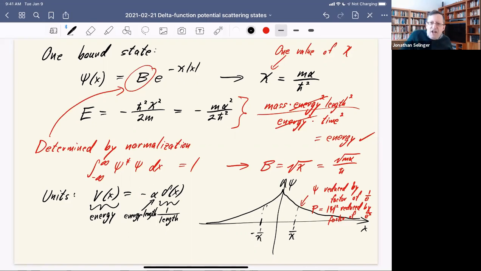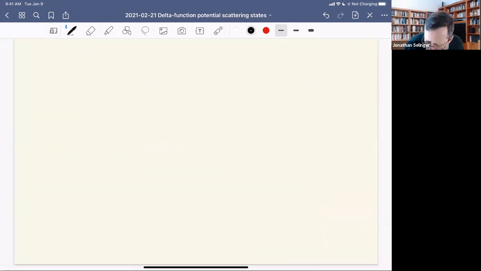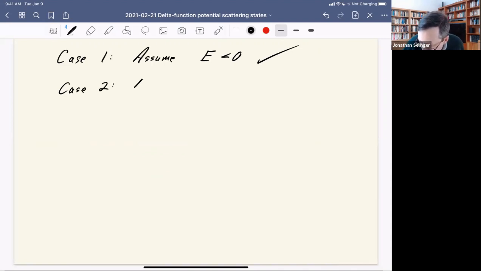Now that is half the calculation. Okay, we still have to do the other half, right? So we want to figure out what kinds of states can there be for positive energy, right? So what we did so far was case 1, assume E is less than 0. Check, we got that. Okay, so now let's do case 2.